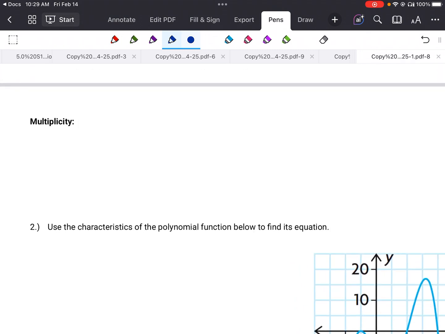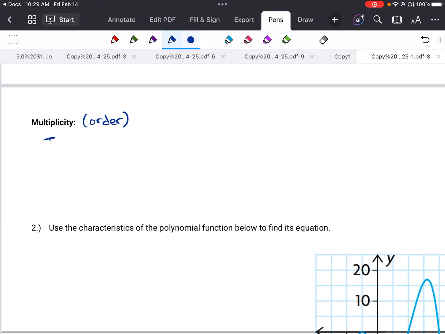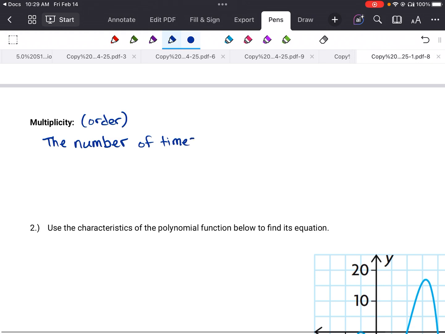Okay, so multiplicity. This is what we just looked at with the root of 3. And multiplicity represents order. So what that means is the number of times each factor occurs.